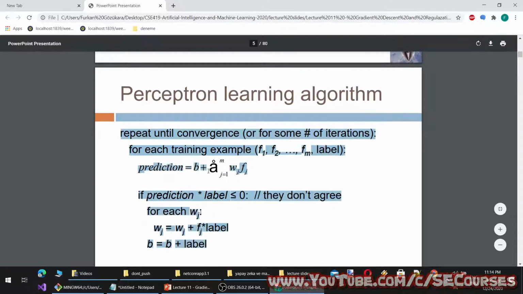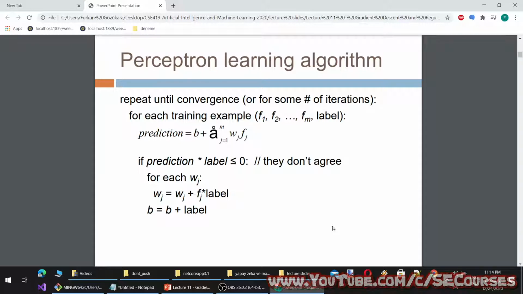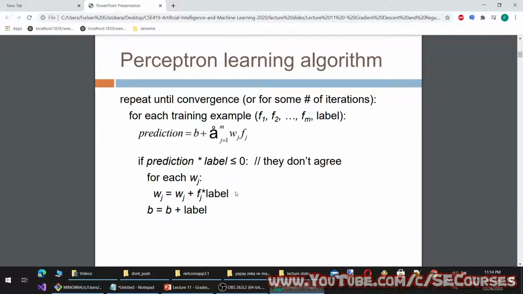Perceptron learning algorithm. Repeat until convergence, or for some number of iterations: for each training example f1, f2, ..., fm, label, if prediction times label is less than or equal to 0, meaning they don't agree, then for each wj, wj equals wj plus fj times label, and b equals b plus label.